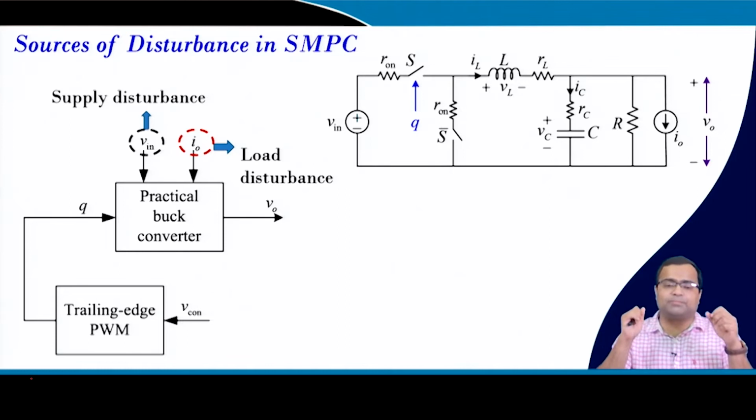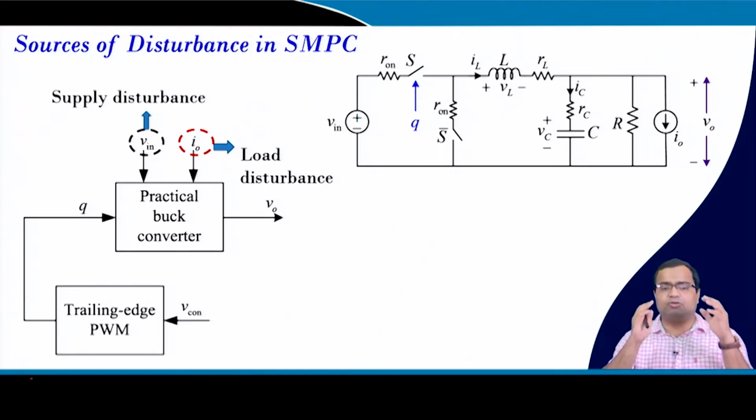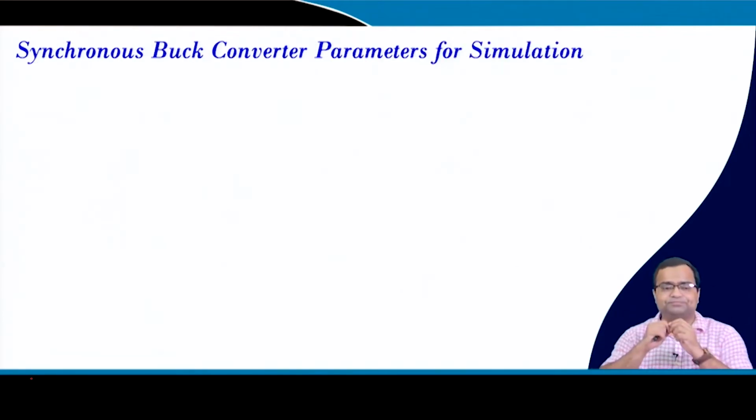In processor power supply, we need to cater to the load transient, because based on the computation of the processor, the load demand can drastically vary, and there can be frequent load current changes. So, the power supply has to reject the disturbance, or basically reduce the effect due to the variation in the load current, because we need to design a regulated power supply. Okay. So, the load disturbance is another source of disturbance.